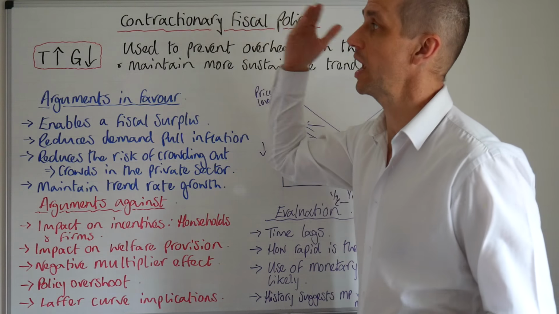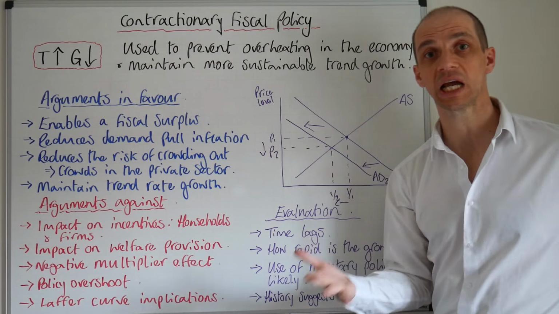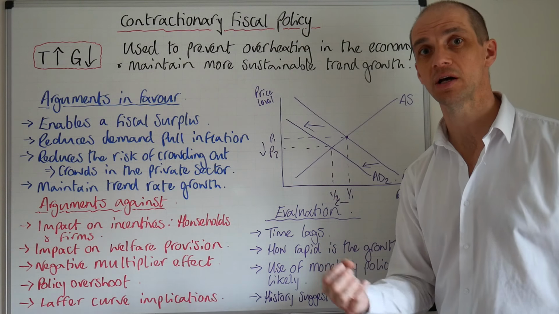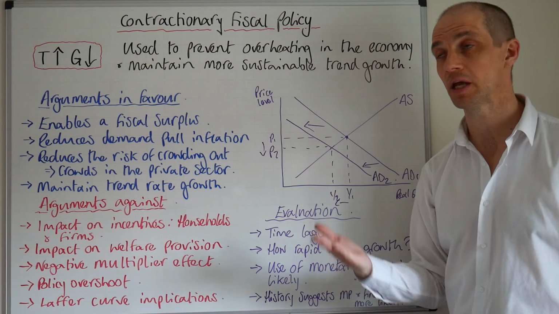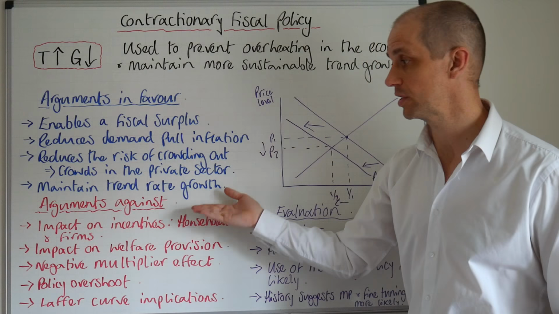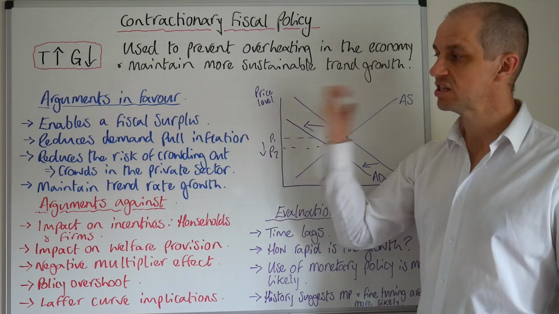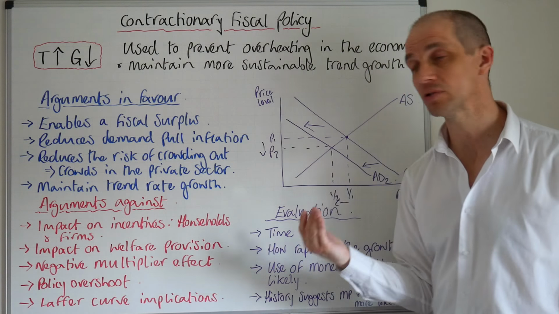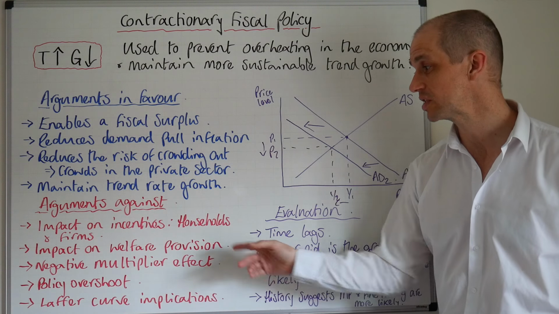Now, arguments against. We've seen that increasing taxation beyond a certain level goes against generating greater tax revenue, as was highlighted on the Laffer curve. But in addition to that, you've got to think about the impact on incentives.